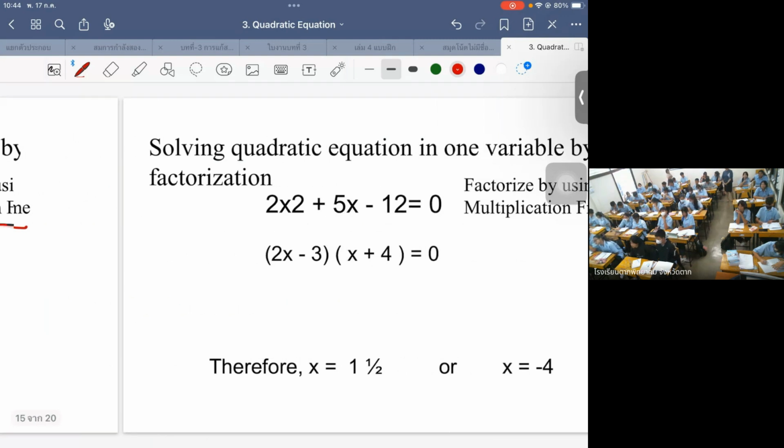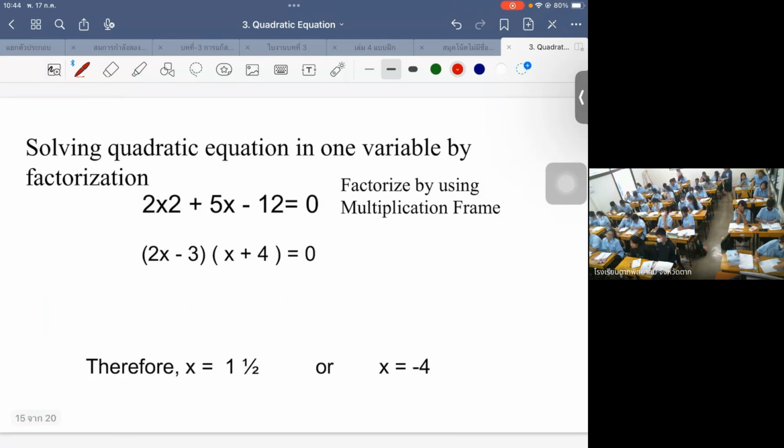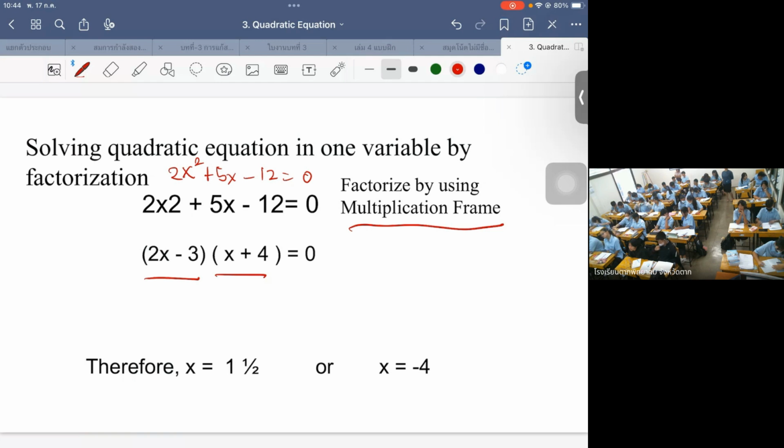So next one is multiplication frame again. So we have 2x squared plus 5x minus 12 is equal to 0. So to factor that one, we have 2x minus 3 and x plus 4. Okay?